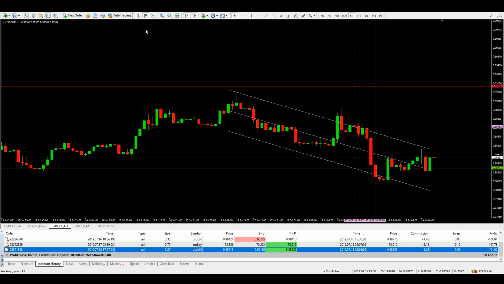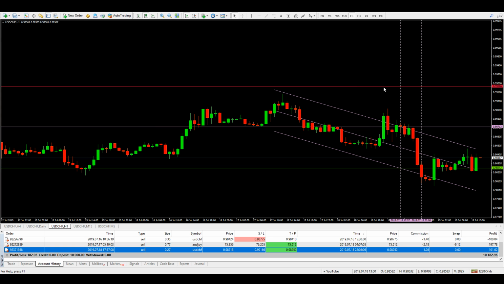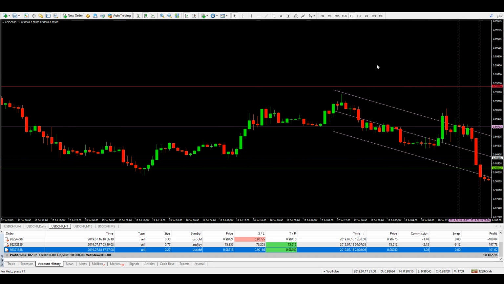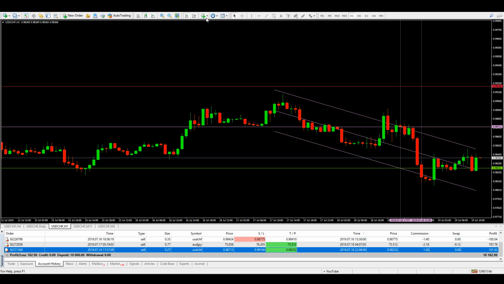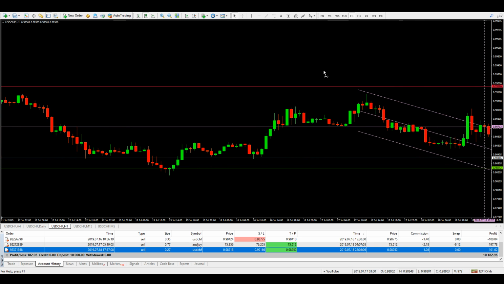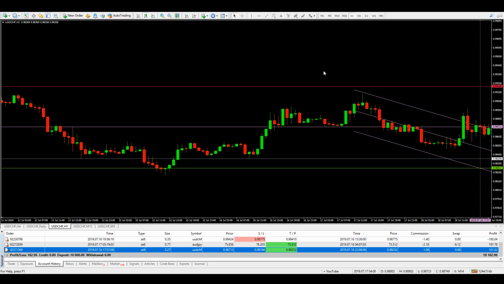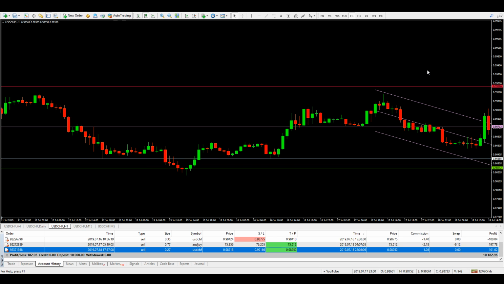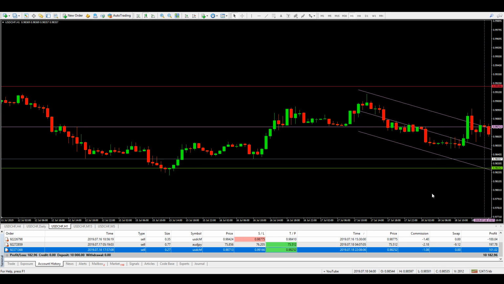Now when I entered the trade, we obviously don't have the hindsight that we have now. When I entered the trade on this dotted line here, this was all the information I had. I can't get it exactly on the candle, but basically this candle was the candle that I'd seen.